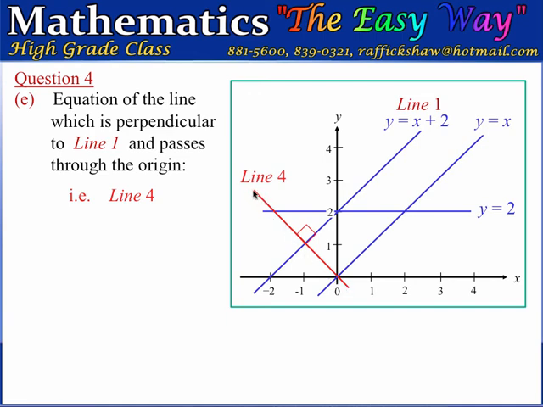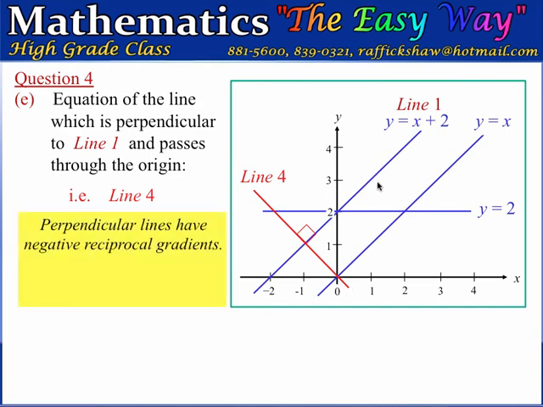And because this line passes through the origin, it's going to take the form y equals mx, where m is a gradient, and so we need a gradient of line 4. And because we know that it is perpendicular to line 1, we can look at the relationship between perpendicular lines, and this is it. Perpendicular lines have negative reciprocal gradients, and so the gradient of line 4 is equal to the negative reciprocal of the gradient of line 1.